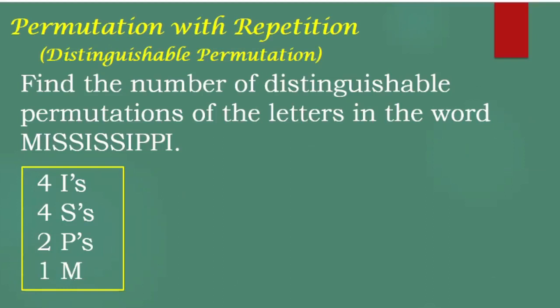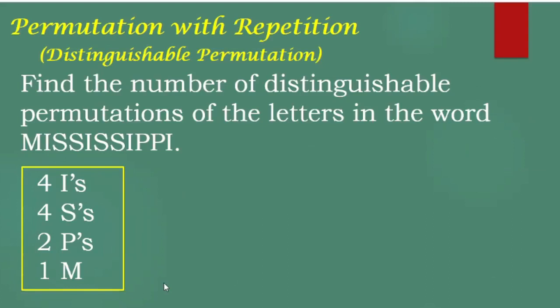And then 1 M. Sir, why did you include the letter M? Because class, despite the fact that 1 M is without repetition, you need to include that because we're talking about the word Mississippi.